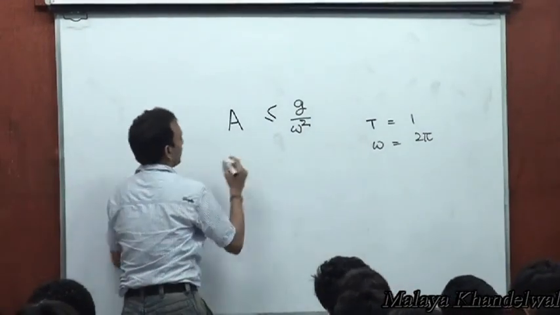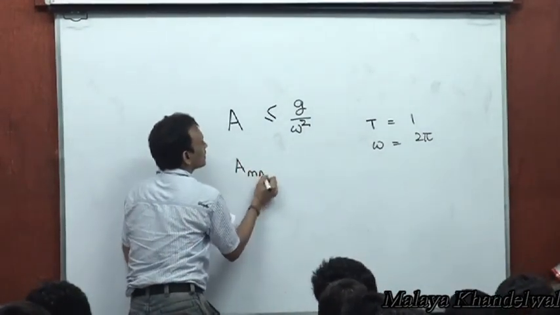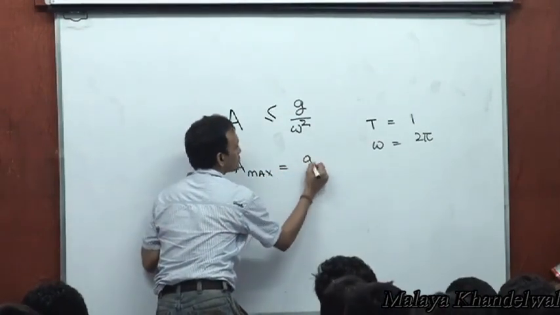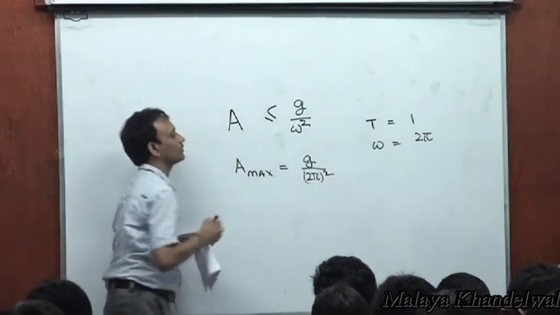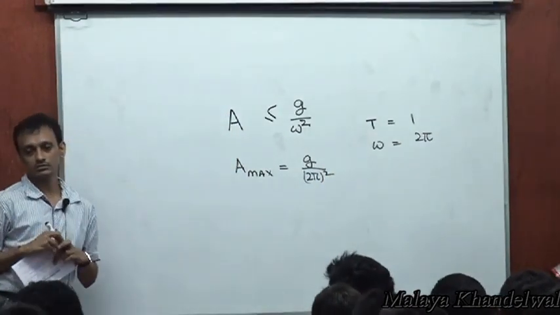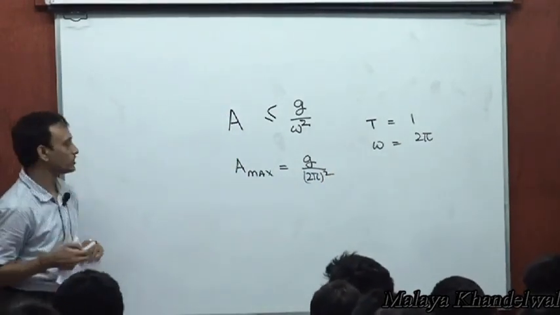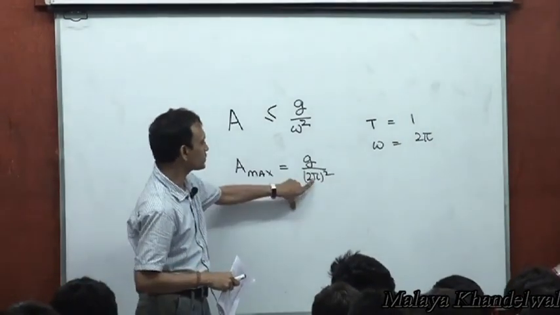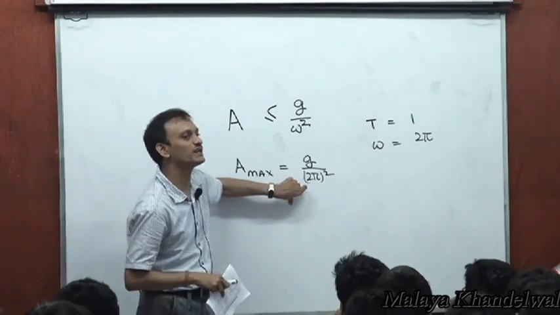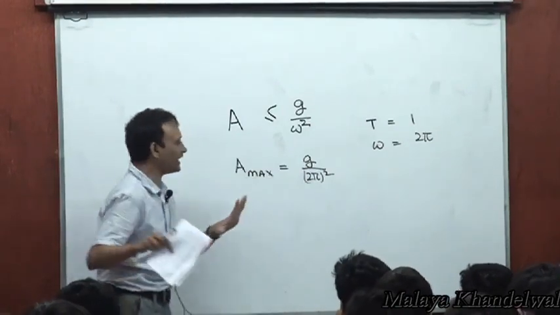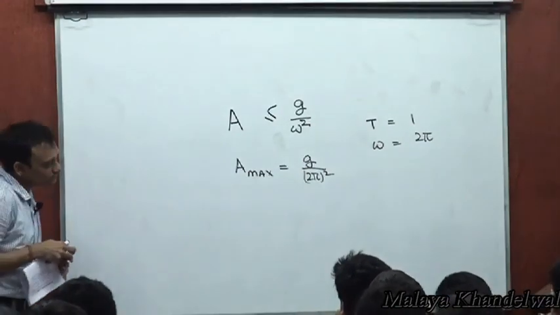So A max is g by (2 pi) whole squared. Actually, as an approximation, pi squared is approximately equal to g, so this will become approximately 0.25. But in any case, that's not important.